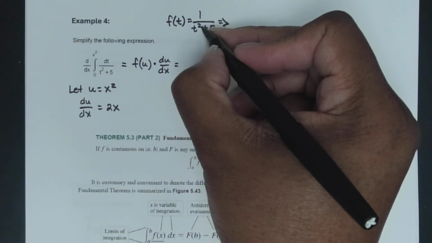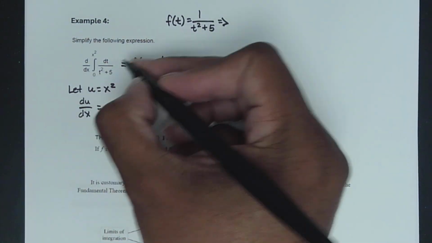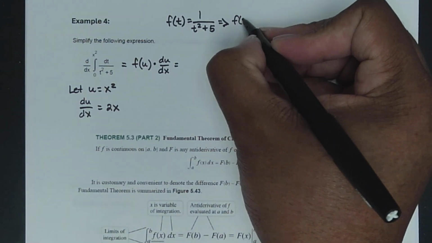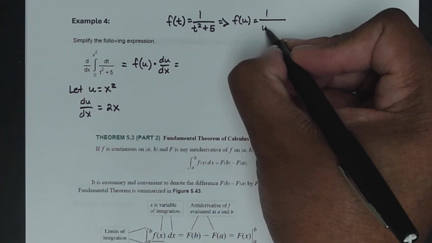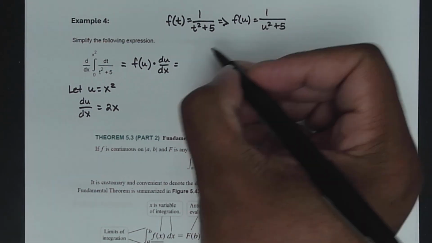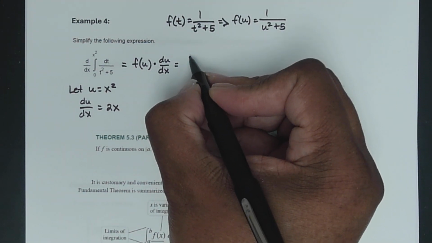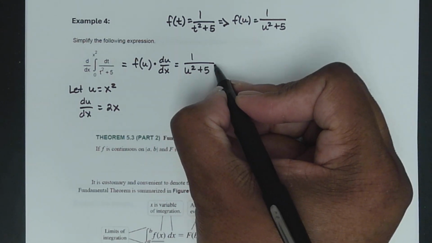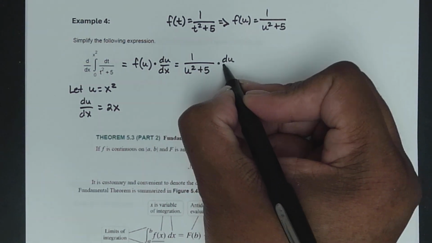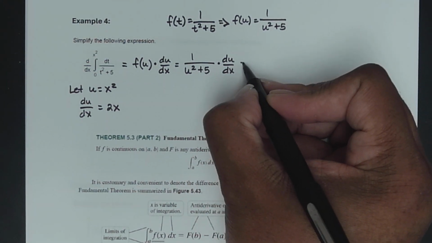So if f of t is going to be 1 over t squared plus 5 from here, then that means that f of u, I just replaced the t with the u, so it'll be 1 over u squared plus 5. So here's what I'm going to have, 1 over u squared plus 5 times du dx.